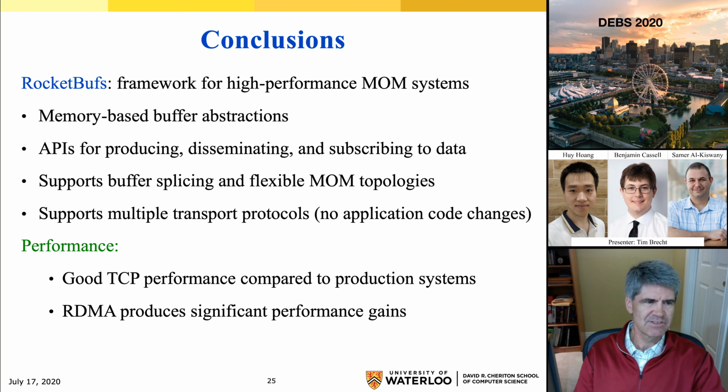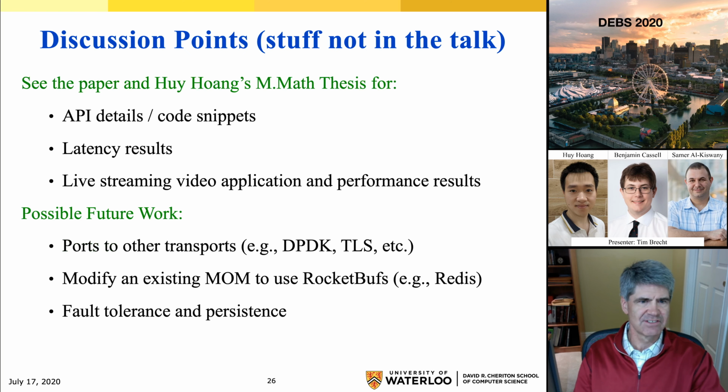In terms of performance, we get good performance for TCP compared to production systems, but we get substantial gains from RDMA, which provides a good boost in throughput and reduced CPU utilization. And the last slide contains discussion points.